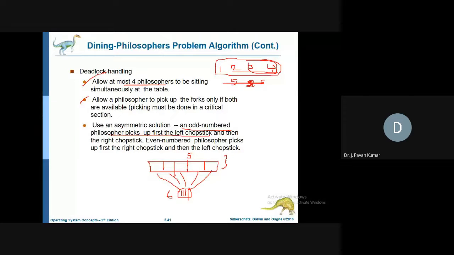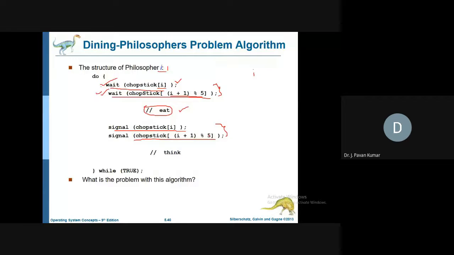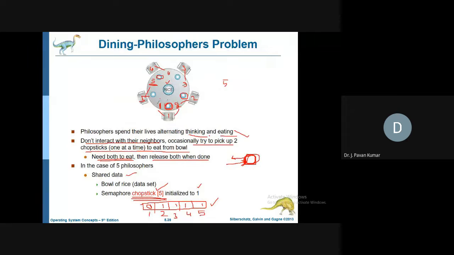Okay. Next, till now we have seen several problems and several approaches to implement process synchronization, mutual exclusion, or giving the solution to the critical section problem, all by making use of semaphores. We have two types of semaphores, binary semaphore and counting semaphore. Binary semaphore has the values 0 and 1.